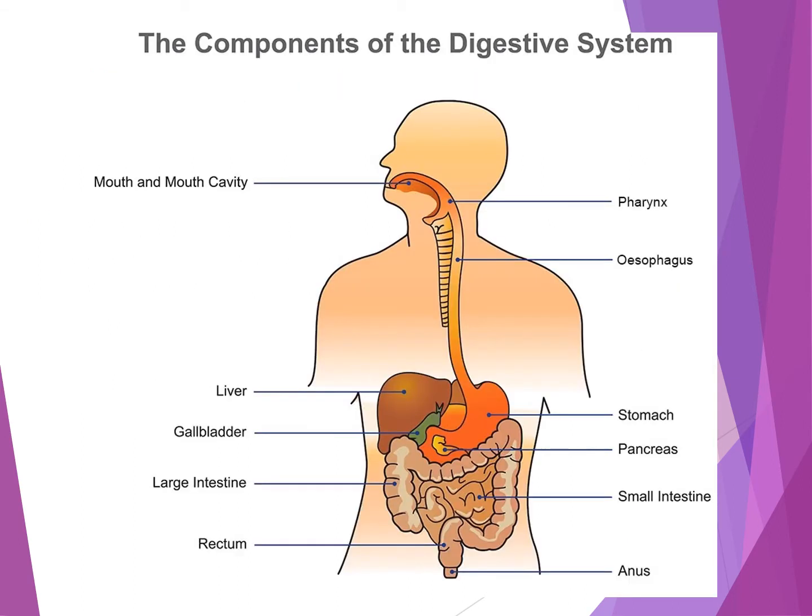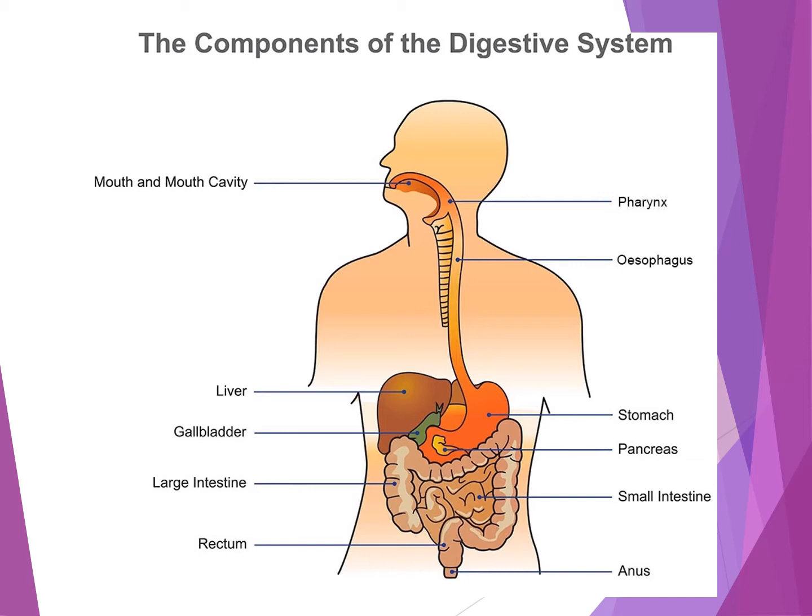When we eat something and food is taken into the digestive tract, that is referred to as ingestion. As the food travels through the digestive system and is broken down into simpler nutrients, this is the process of digestion.